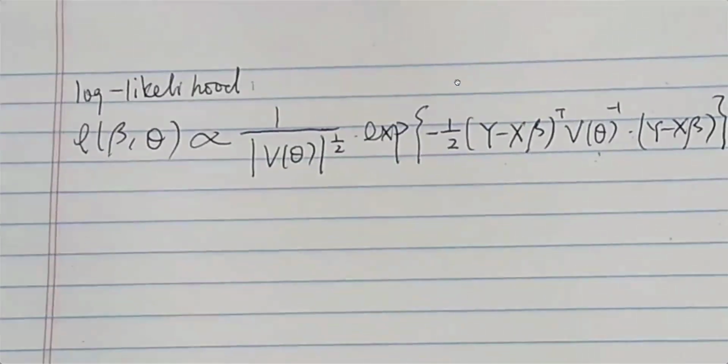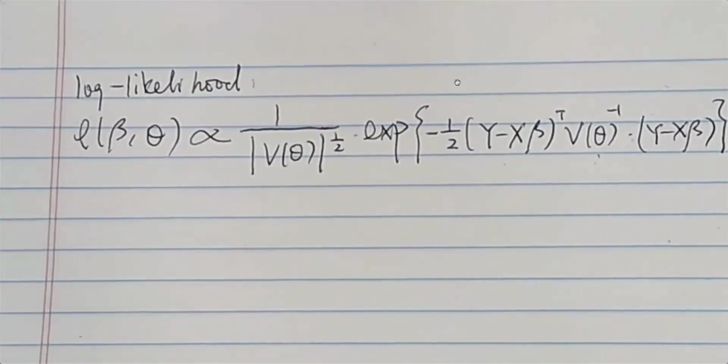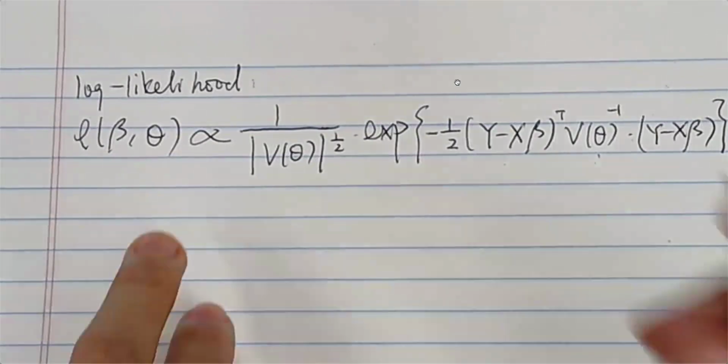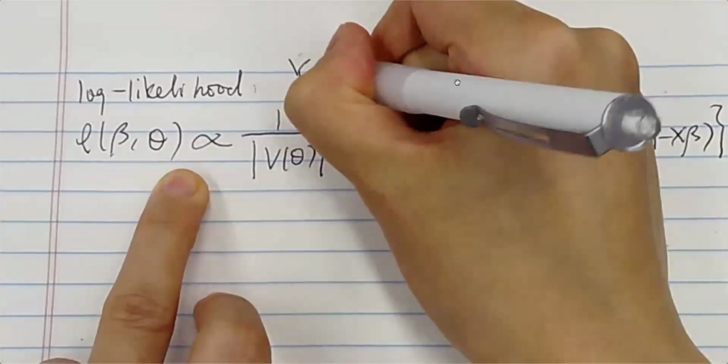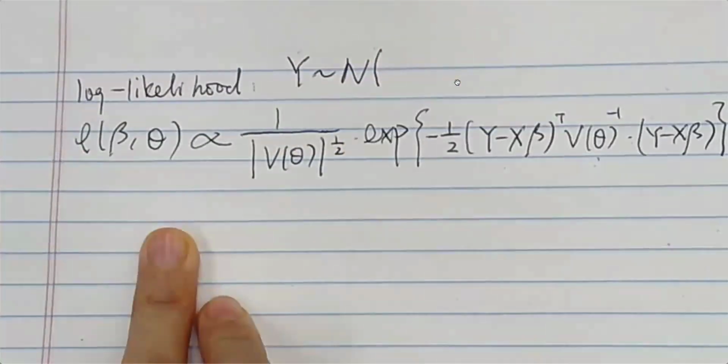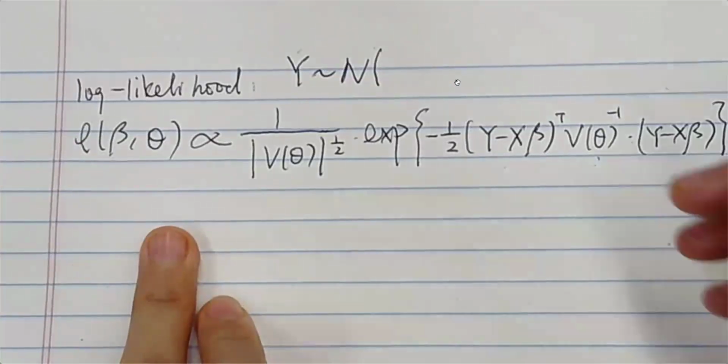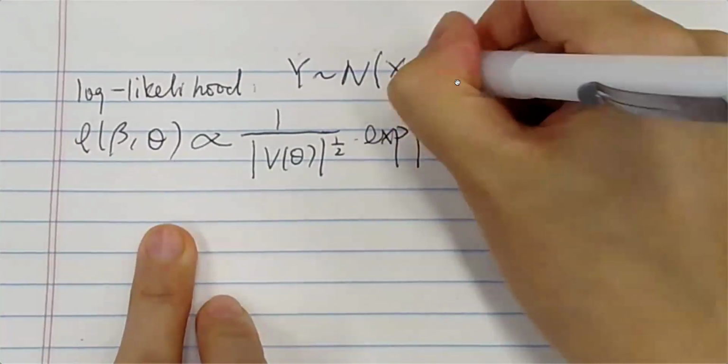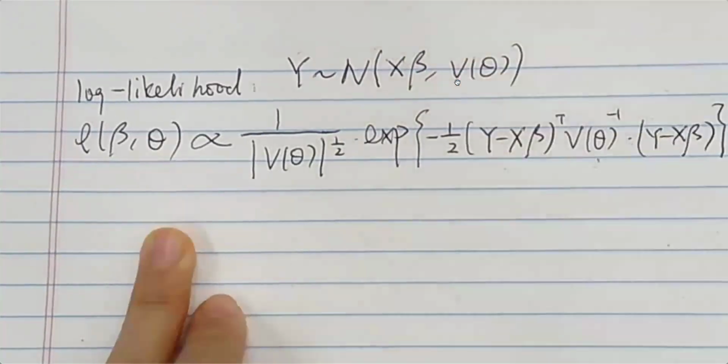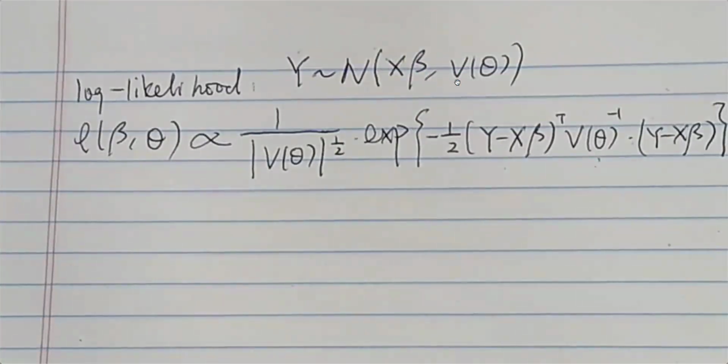This is the density of a multivariate Gaussian. I'm just using the fact that y follows a big n-dimensional normal distribution with mean x beta and variance V theta. That's why the density looks like this.